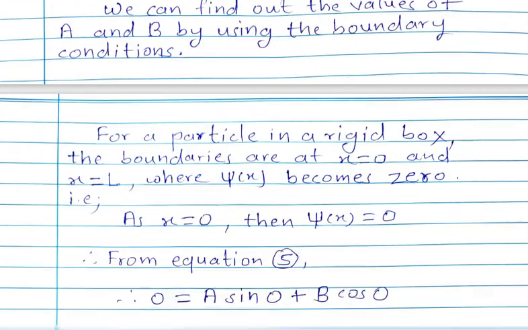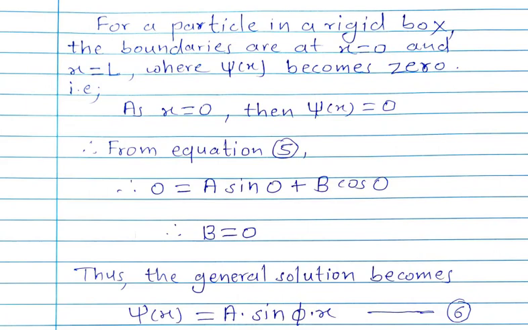Now the boundary conditions for this particle are at x equal to 0 and at x equal to L, where the wave function psi of x becomes 0. If we use this boundary condition, as we substitute x as 0 in psi of x, then psi of x becomes 0.